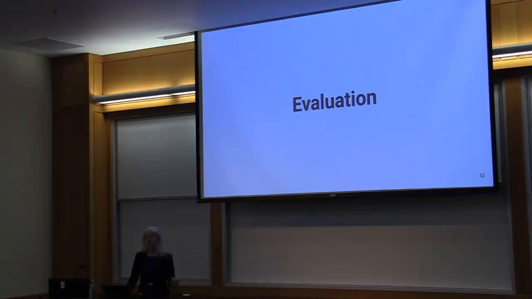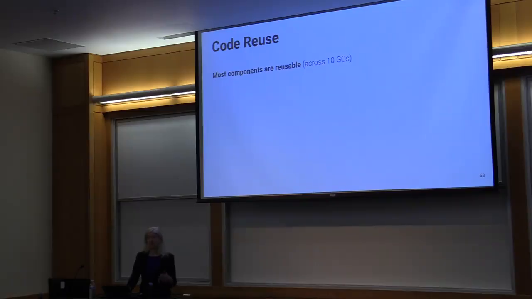Okay. So now I'm going to move to the evaluation of work packets. For the code reuse part, most components are reusable. We have 10 GCs implemented in MMTK right now, and the algorithm-agnostic scheduler is used across all of them. 28 of the work packets are reused across all 10 GCs, and then there are 49 GCs.